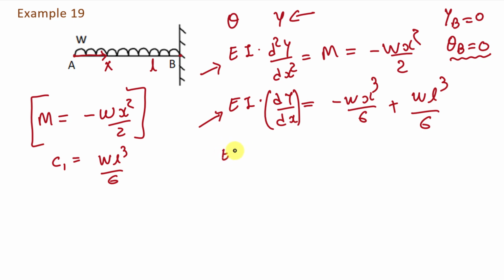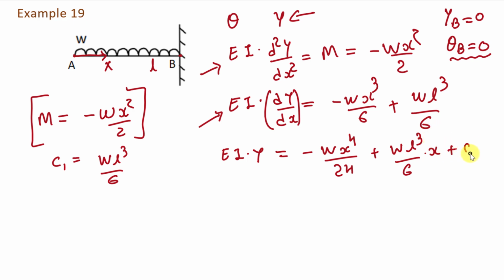So it will be EI y is equal to the integration of this term, that will be minus wx raised to 4 divided by 6 into 4, so it will be 24, plus the integration of this term, which will be WL³/6 into x, plus a constant of integration, that will be C2.